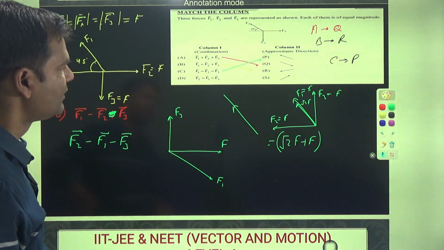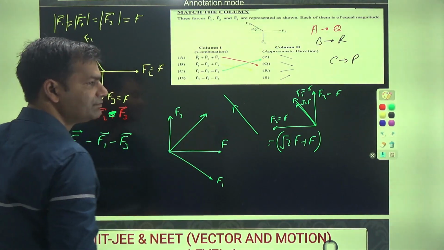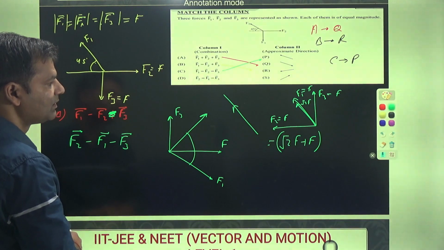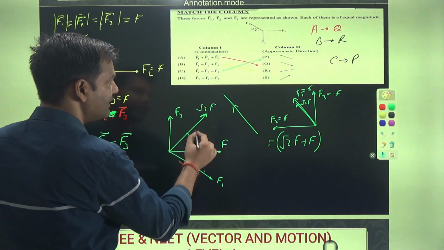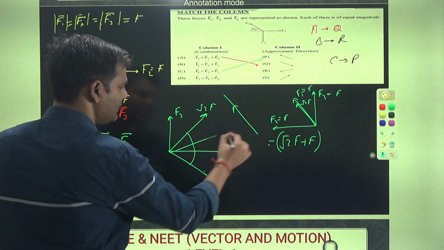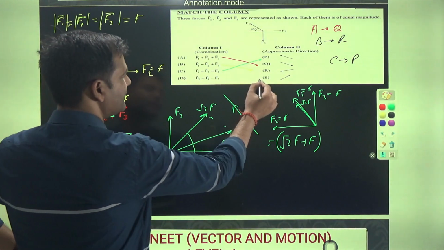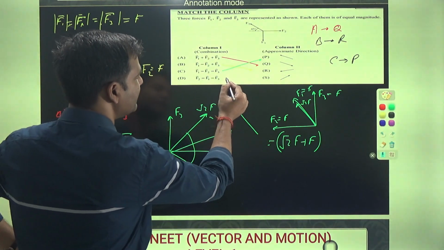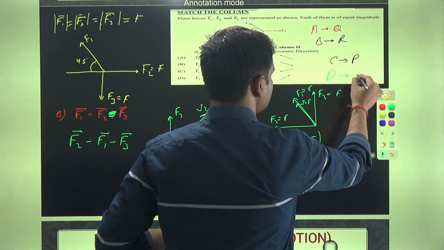The resultant of these two is like that, and the resultant of these two is root 2 F. So the resultant of these two we got here. So which one is correct? D to S. So D to S is the final answer.